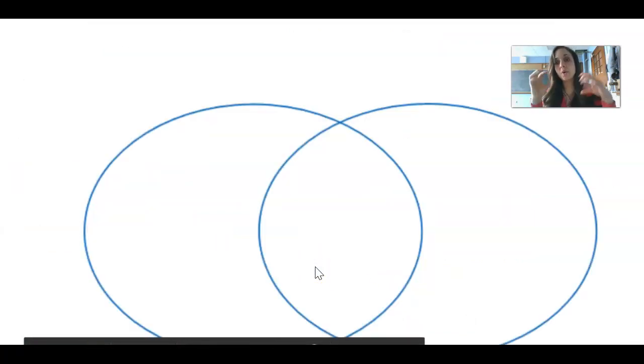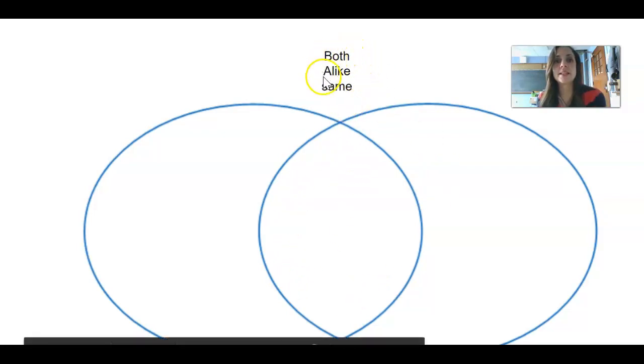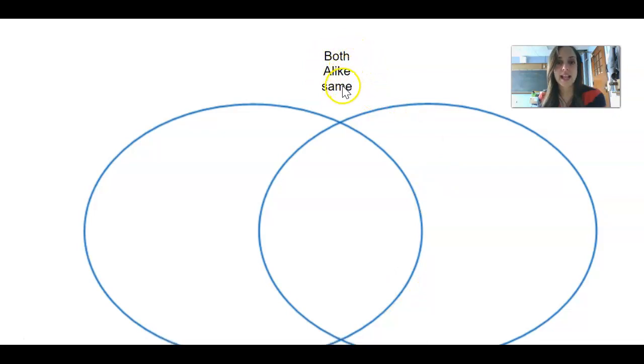Here is how we would organize our thinking with a Venn diagram. There are two circles that overlap each other. In the middle, the signal words both, alike, and same would help us to identify the key details that both topics have the same. And in this case, this week, we're learning about gray wolves and red foxes.